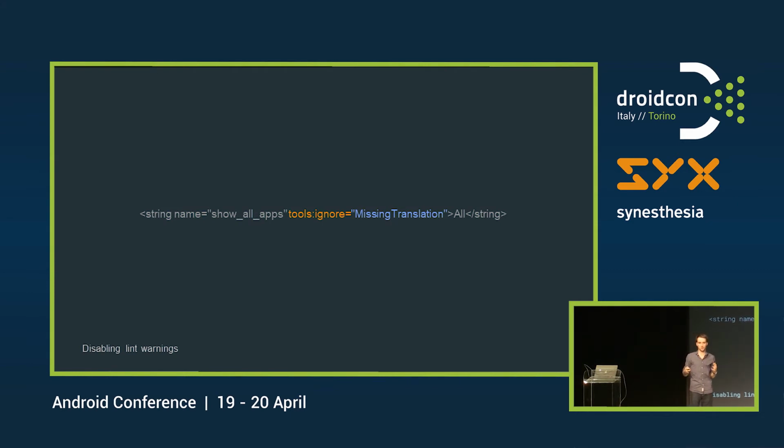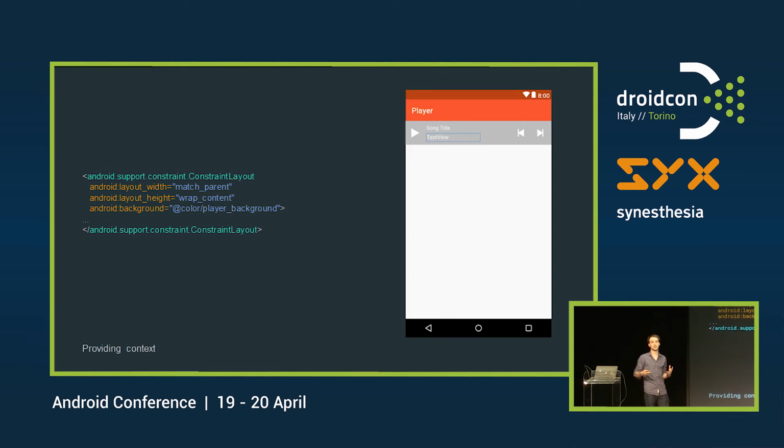Design time attributes are a subset of all those tools attributes that we have, and they're going to change how your layout looks on the design surface. So here we're going to use design time attributes to provide some context to our view. For example, we have our player control here that's going to be included, that might already be included in another view.